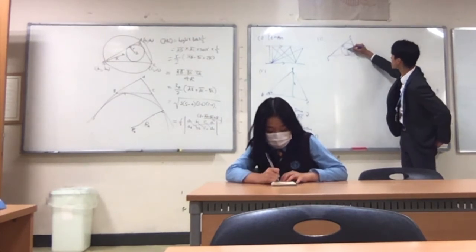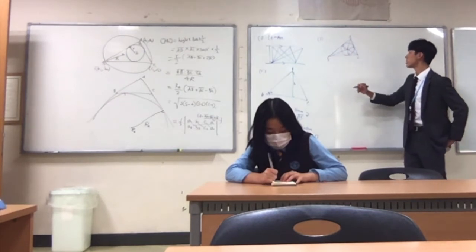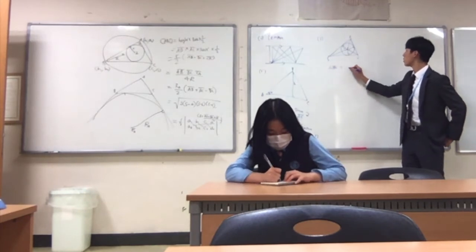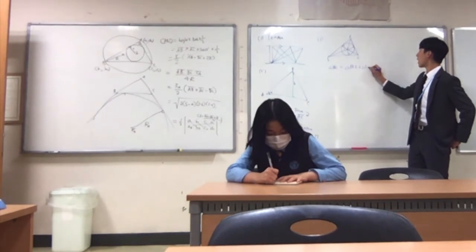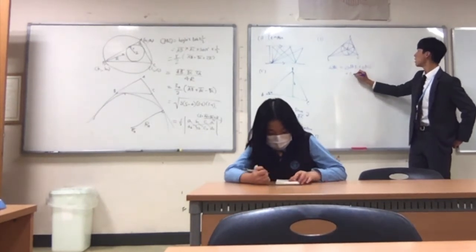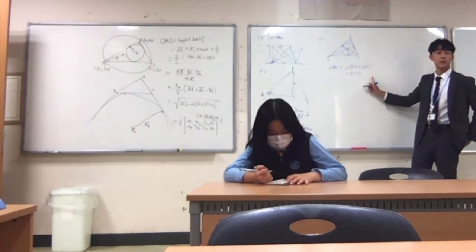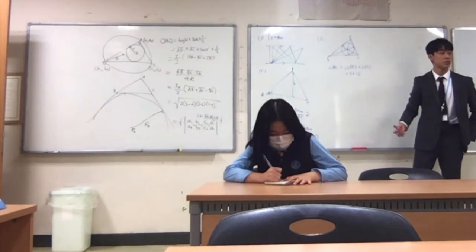Which means we can split this triangle into these 3 smaller sections. So ABC equals ABI plus BCI plus ACI. And then each of the areas of these triangles is basically r times base divided by 2.